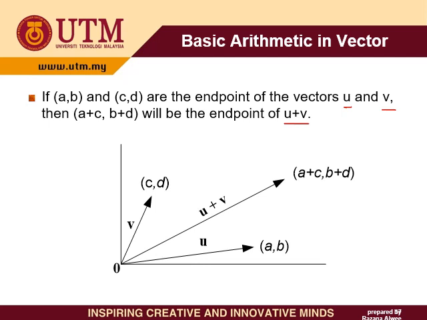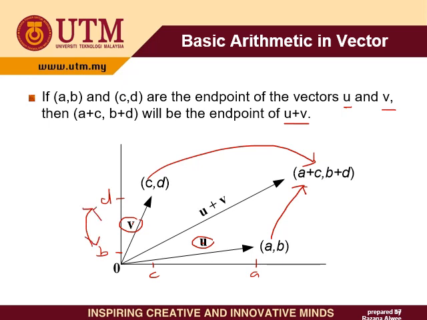So we have u here, where this is A and this is B, and for v, this is C and this is D. So u plus v is the sum of these two: A plus C for the first endpoint, and B plus D for the second. That will equal u plus v.